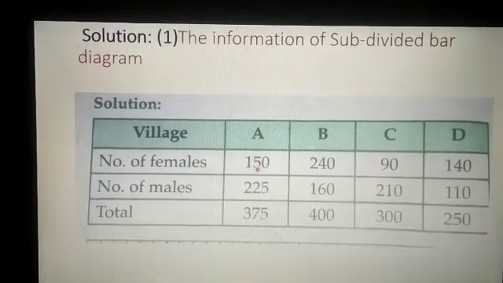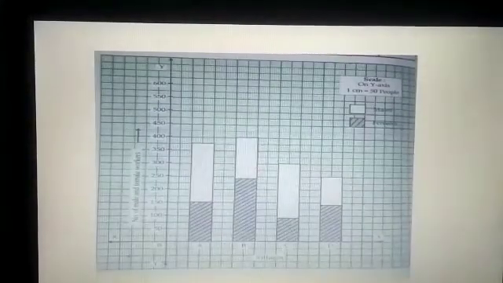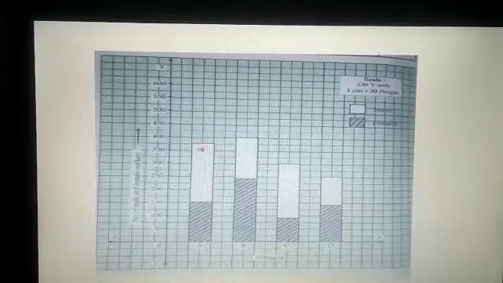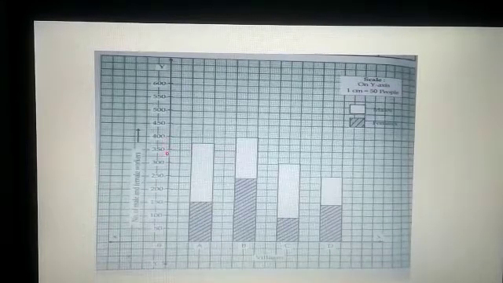So number of females are 150. Now here total is 375, so it will be in between 400 and 350. This margin line will be 375. And number of female workers are 150, so draw this horizontal line and shade this part from 0 to 150. These are number of female workers in village A.